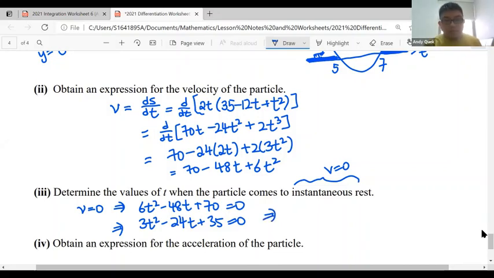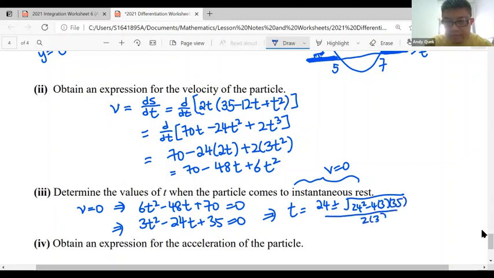Yep, and then you find the two values of t. So t equals minus b plus or minus the square root of b squared minus 4ac, over 2a. Okay, and then you get your answers.